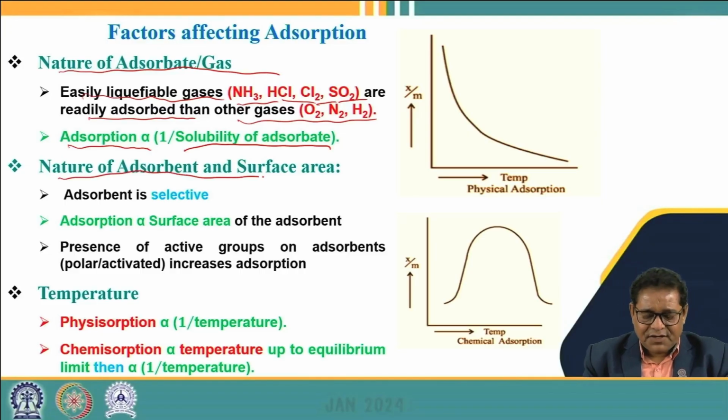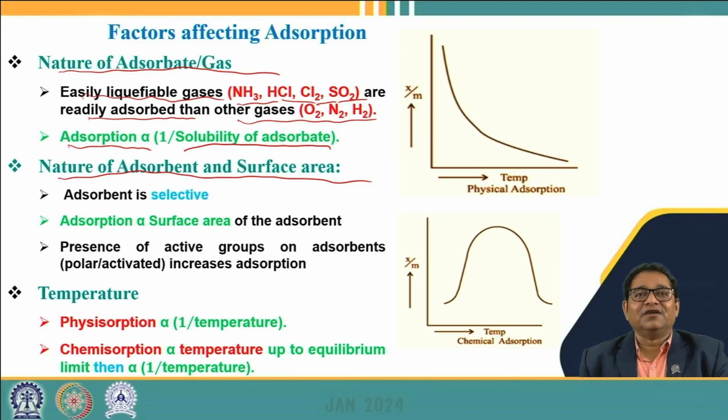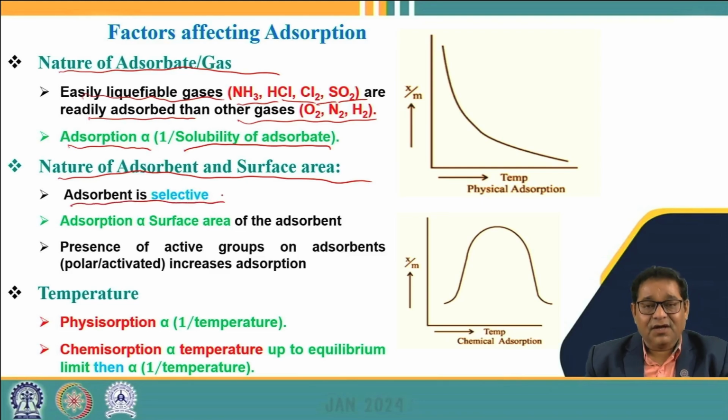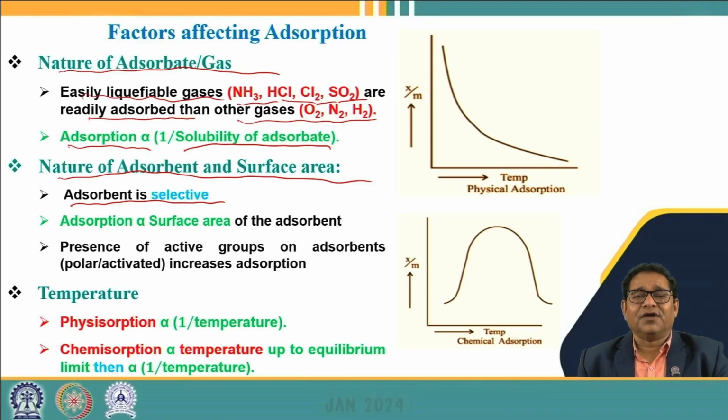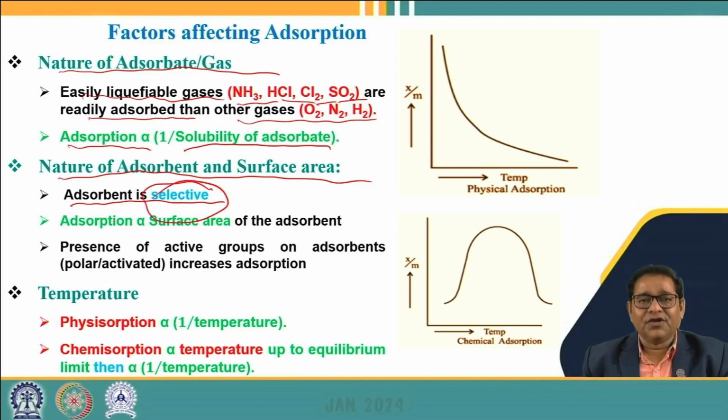Similarly, if we see the nature of the adsorbent and the surface area, it is highly dependent upon the surface area of the adsorbent. As I told you, there are different types of adsorbent: costly adsorbents, low cost adsorbents, and activated carbon, which is mostly used. This choice is very selective, based on cost, efficiency and adsorption capacity.